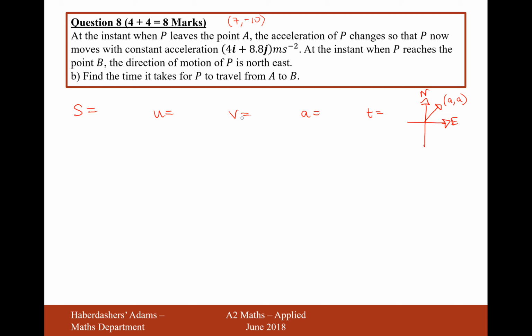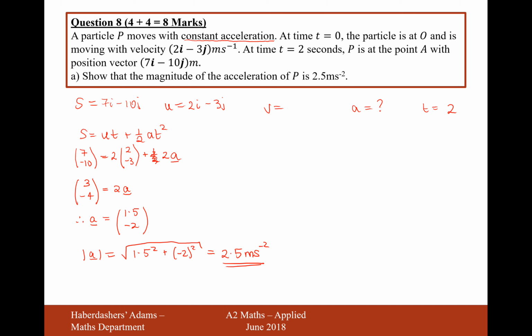Now, in this question, we're going to start from the final velocity that we were at before. So actually, it might be helpful to come back to this part and work out what v was equal to. If we use v equals u plus at, that gives us v equals 2 minus 3 lots of 2 times the vector a, and that was 1.5 minus 2.